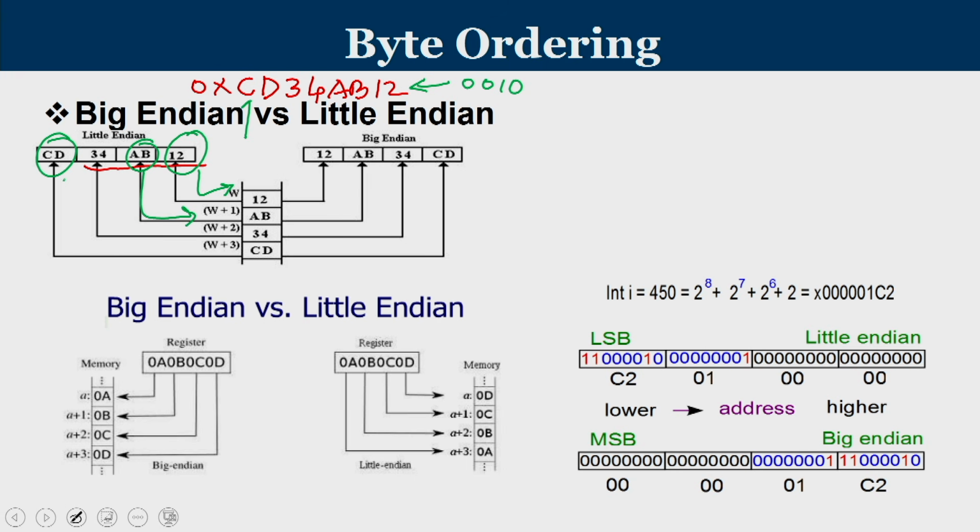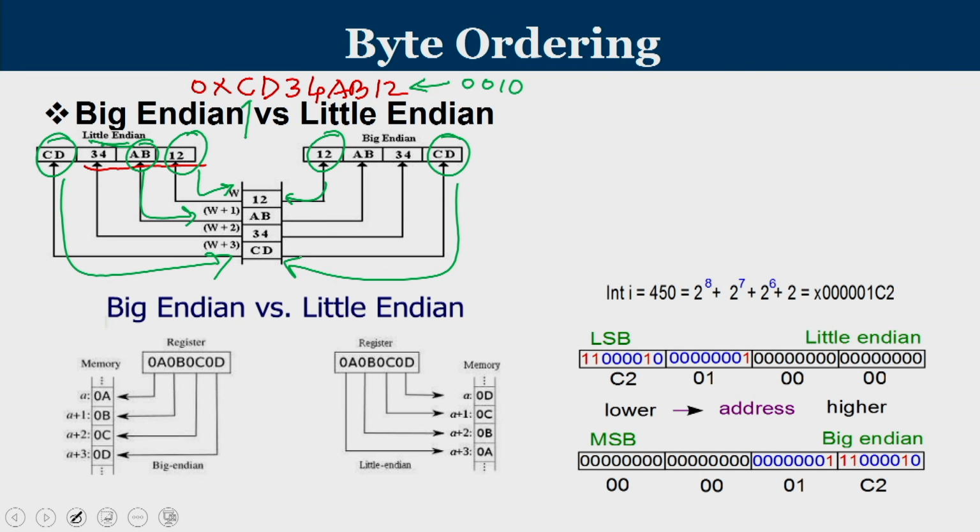Similarly, if the MSB is saved in W plus 3, this kind of storage representation is known as little endian format. But some processors follow big endian format, where the MSB, most significant byte, is stored in the lower address and the least significant byte is stored in the higher address. That is known as big endian format.